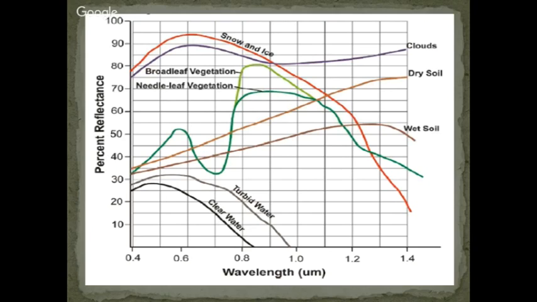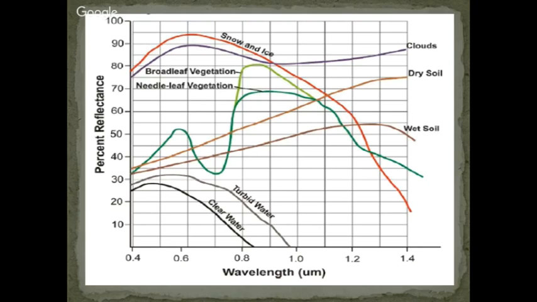So the best spectral wavelength for identifying water is the visible spectrum only, because in the visible spectrum water surfaces reflect about 30 to 35% of energy, and as the wavelength increases, the amount of energy reflected by water bodies starts decreasing, and beyond 1 micrometer there is no reflectance from any kind of water surface.